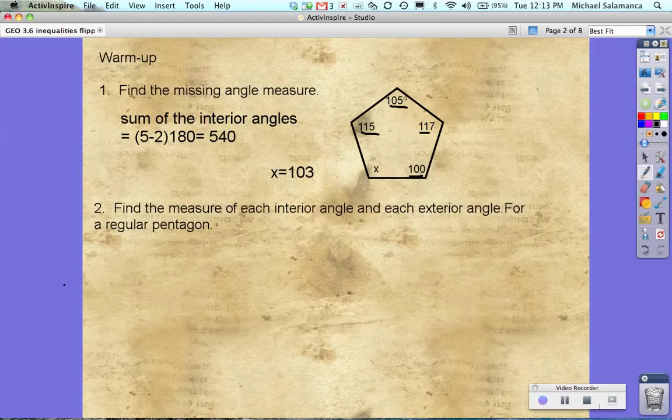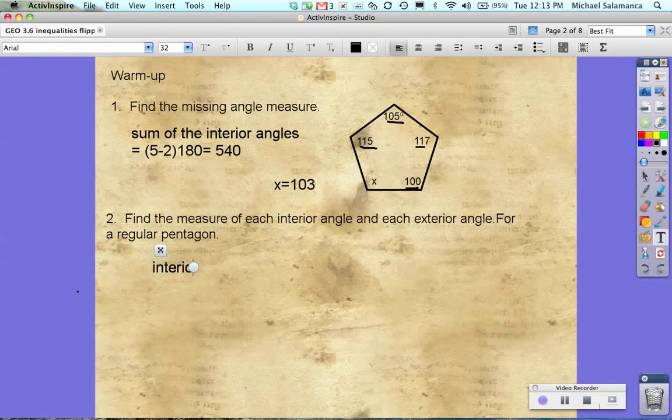For question number 2, the measure of the interior angle and exterior angle for a regular pentagon. Well, we know the interior angle is equal to n minus 2 times 180 degrees divided by n, where n is the number of sides.